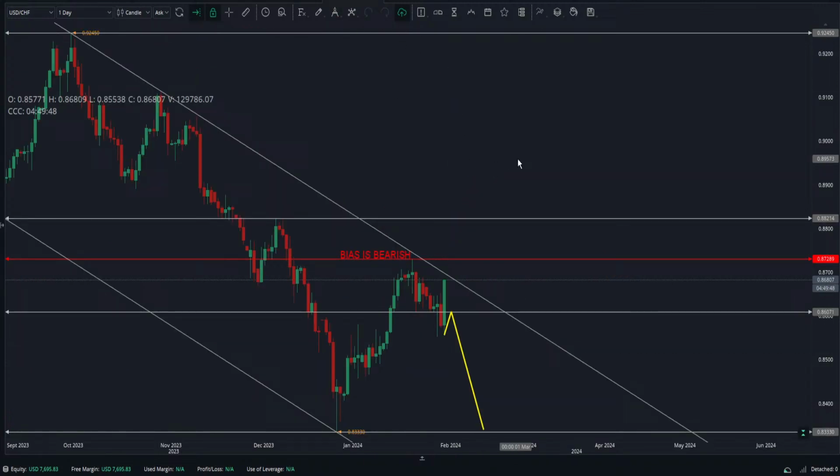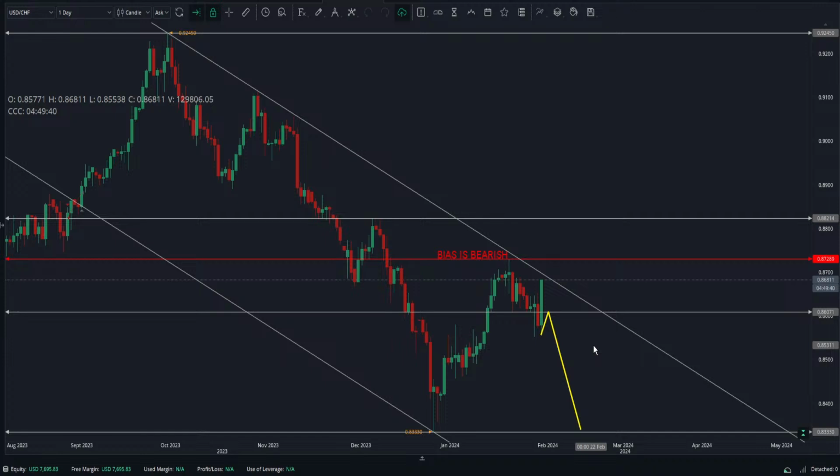USD CHF, although there is a very good green candle here, but I'm not very hopeful in the US dollar rising against the Swiss franc. Although I saw that in the Switzerland job data, they have published very bad numbers for Switzerland. Maybe that's why US dollar is rising as of now.